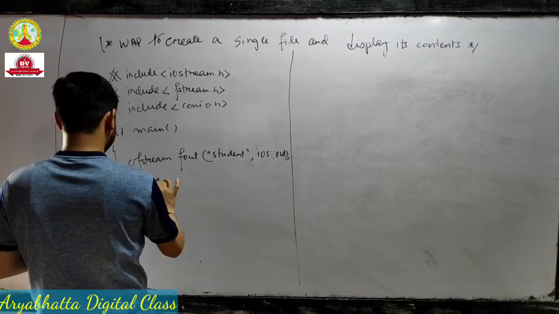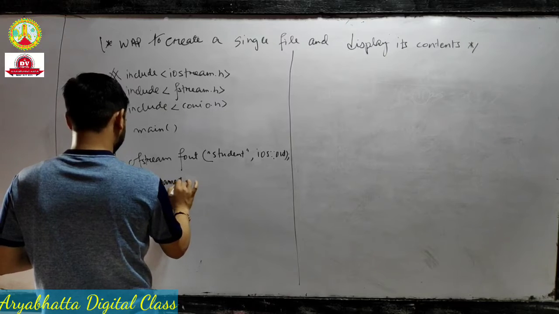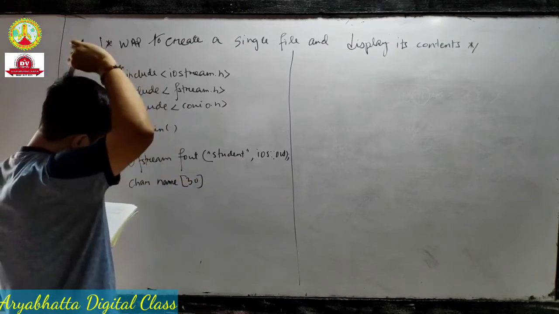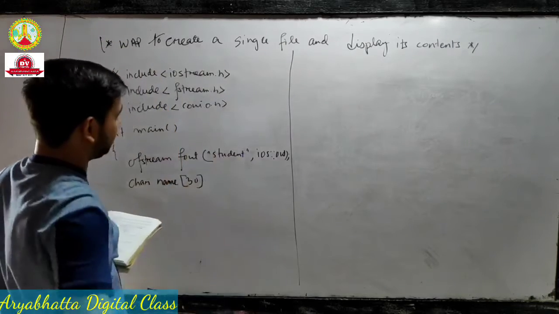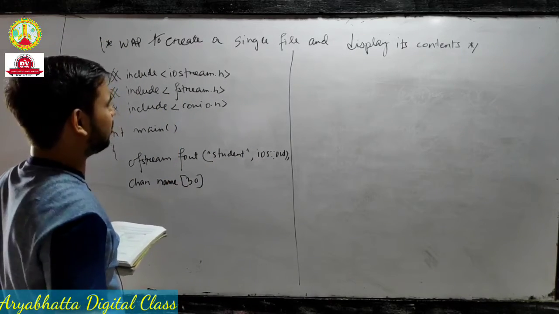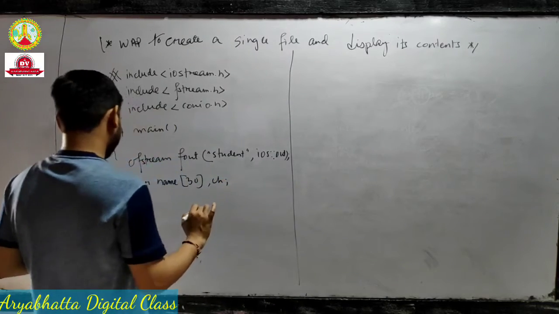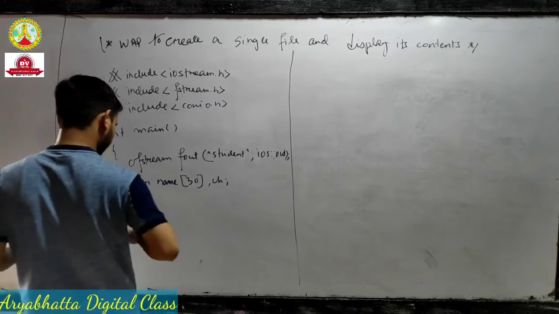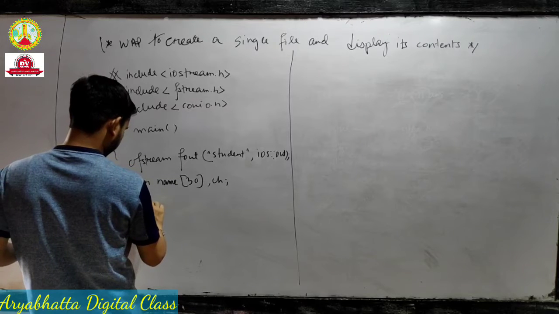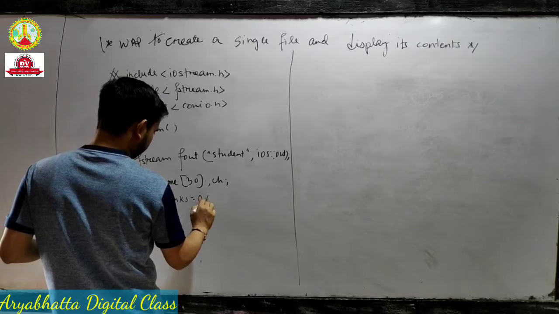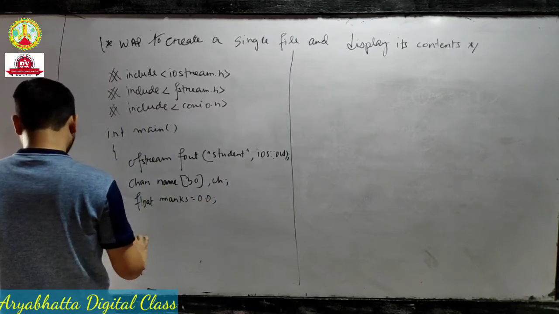File name is user defined. Okay. File name is user defined. You can take any name, but you can take a name related to the program. Okay. I hope you got it. Character name. For marks initialize 0.0, right?